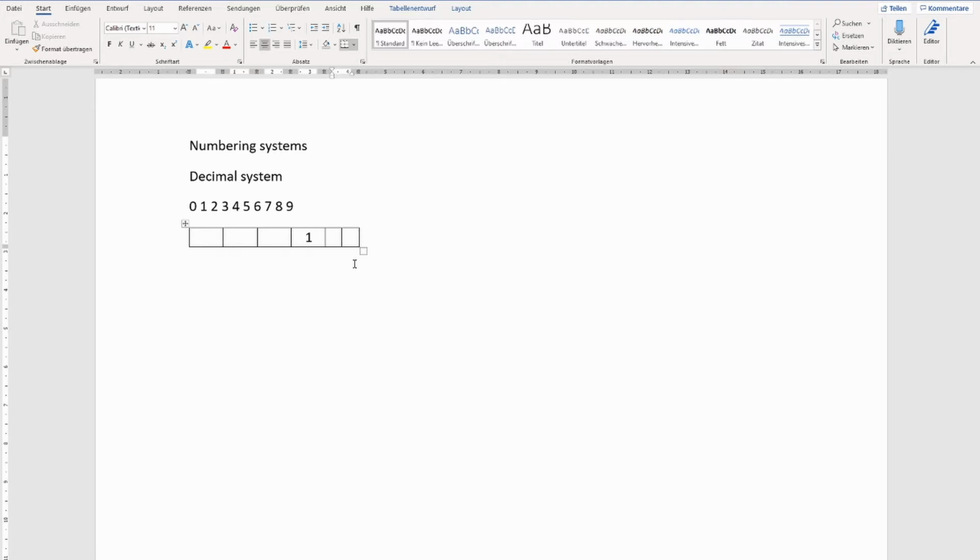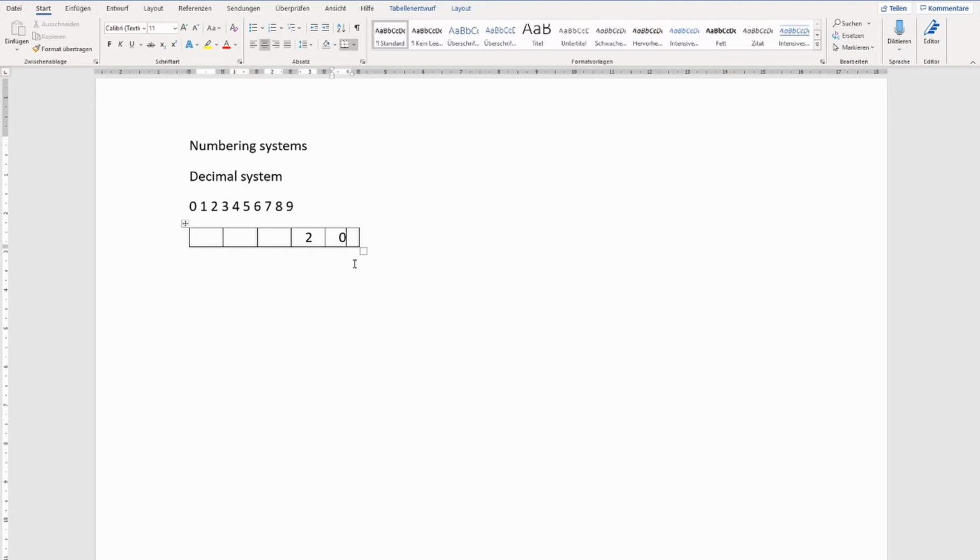And then one more, one more, and so on. I'm already at the end. So now here, one more time, I've used all symbols on the previous digit.